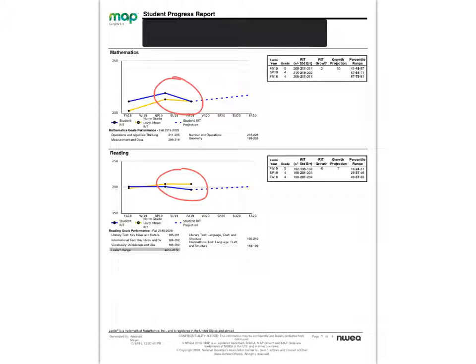You can assure parents that this is common. It happens to students in the summer quite often. And by being in school now and hopefully throughout the year, they'll not only be catching up to where they were in the spring when they left, but also improving those scores as well. So you can talk about that process.